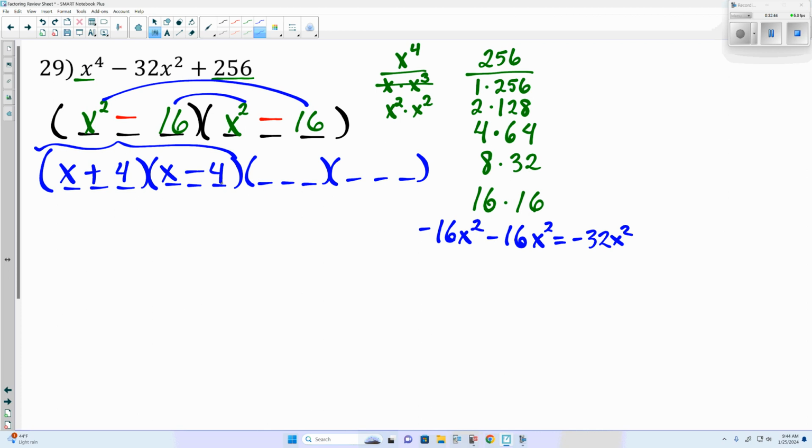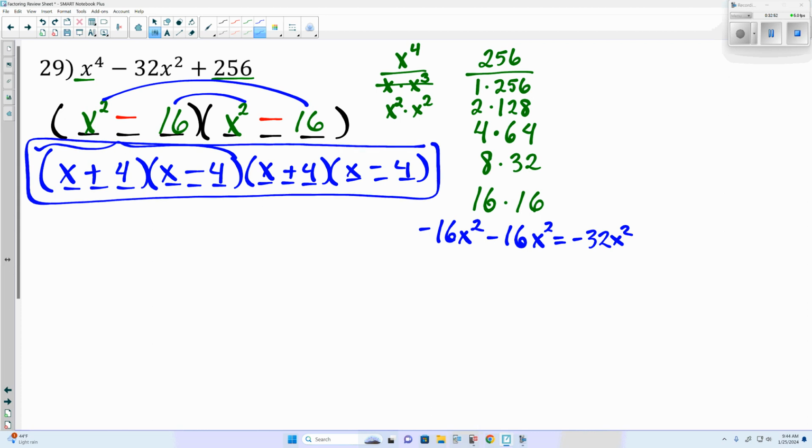Well, the other one's the exact same, isn't it? So the fully factored form is x plus 4 times x minus 4 times x plus 4 times x minus 4.